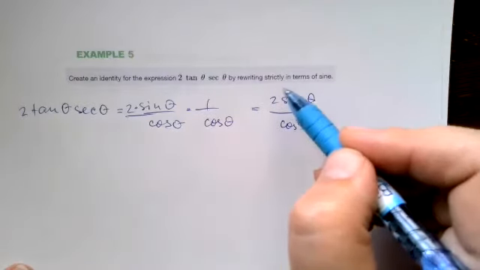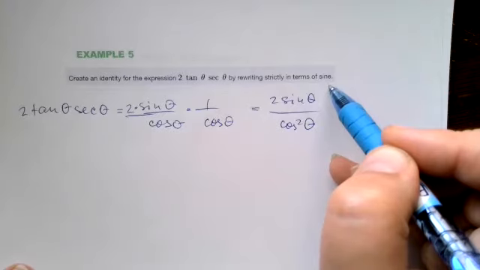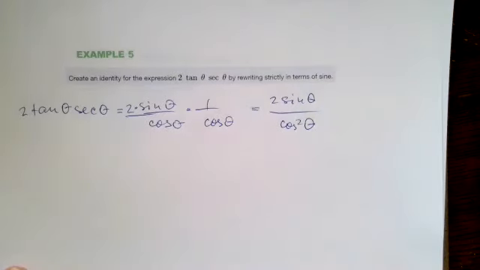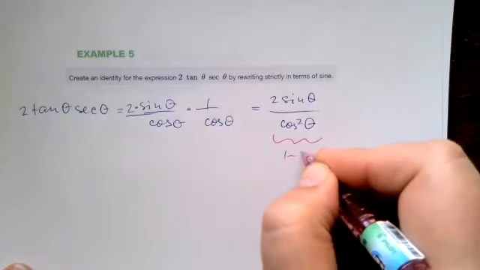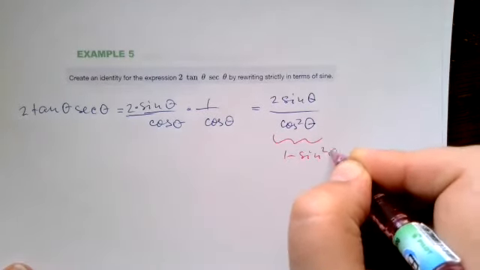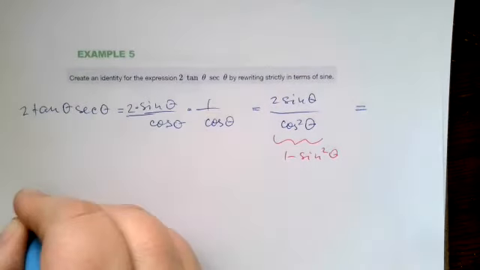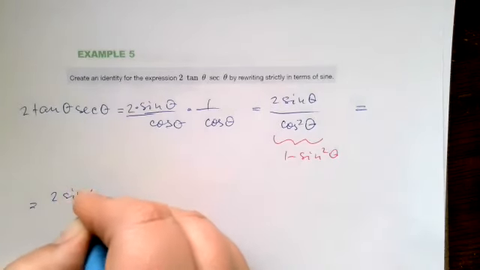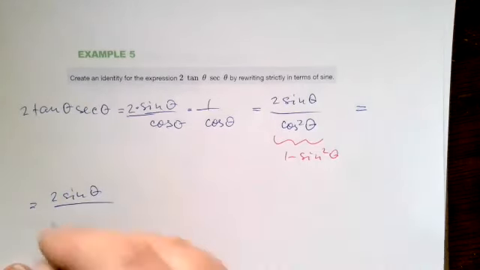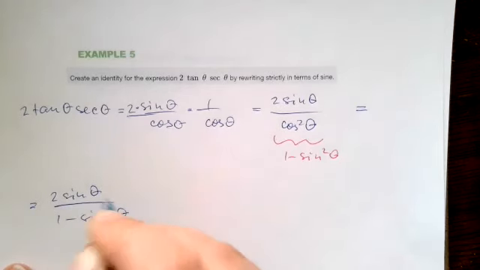Okay, in the problem, they tell me to rewrite it strictly in terms of sine. So I know that cosine square is 1 minus sine square theta. So I'm going to apply that identity, and I'm going to have 2 sine theta over 1 minus sine square theta.